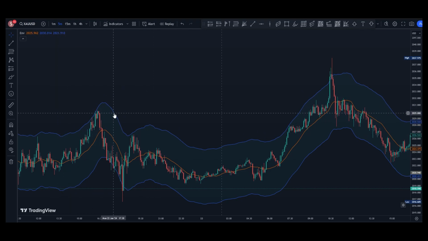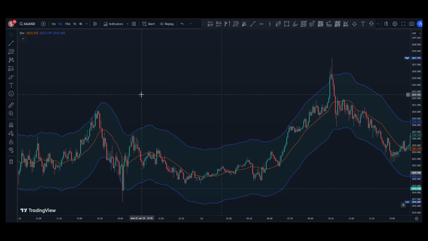An envelope indicator is a type of banded indicator that shows the normal range of price movement for financial instruments. The bands are usually calculated as a percentage above and below a moving average, which represent the trend direction and strengths. The bands can help you identify when the price is too high or too low compared to the average, and when it's likely to reverse or continue the trend.